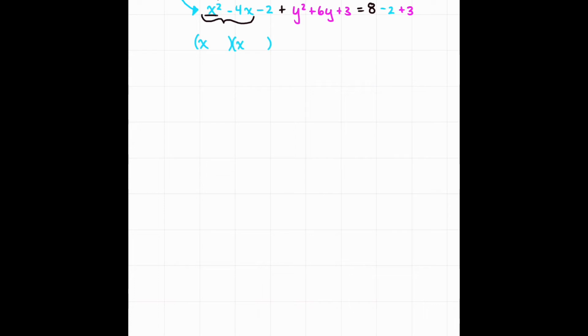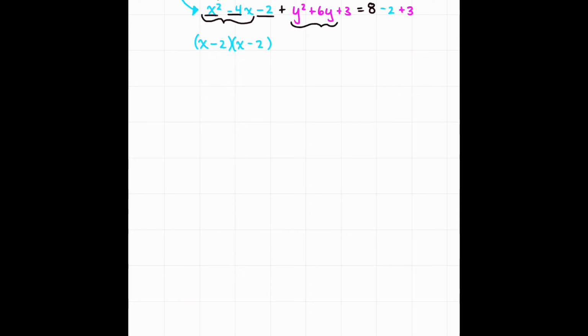And now we have to figure out what plus what is equal to -4, and they have to be the same numbers. So that's just going to be -2 and -2. And notice how we have a -2 there.